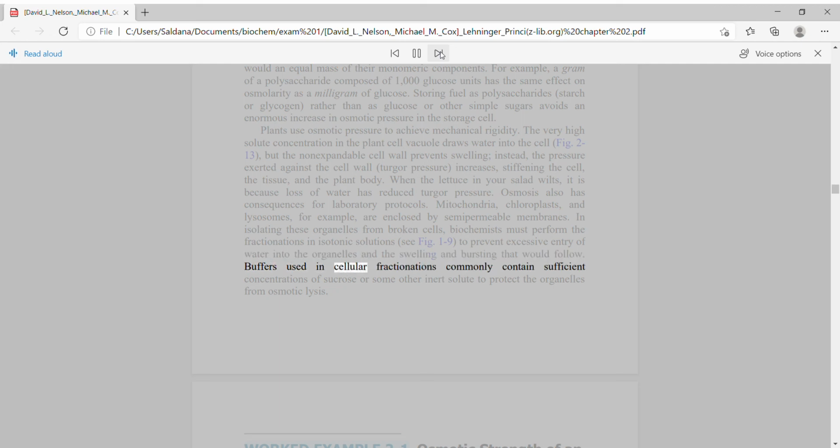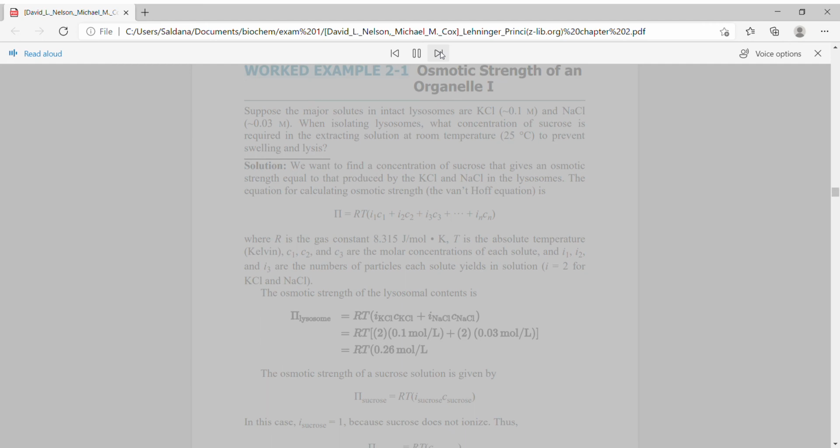Buffers used in cellular fractionations commonly contain sufficient concentrations of sucrose or some other inert solute to protect the organelles from osmotic lysis. Worked Example 2-1.